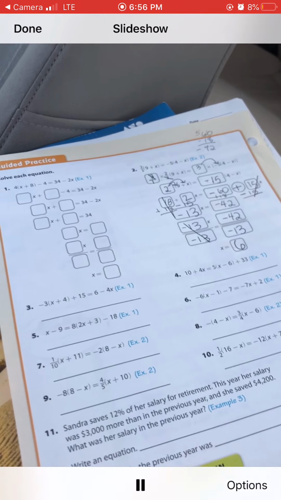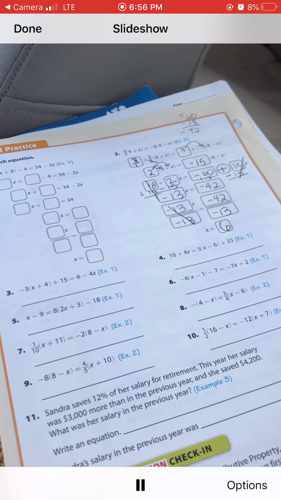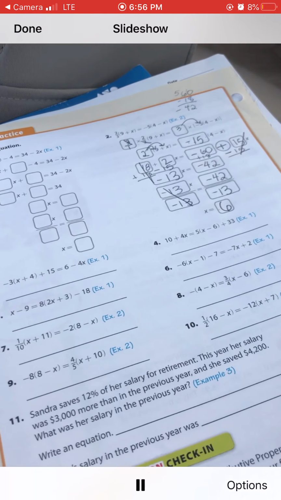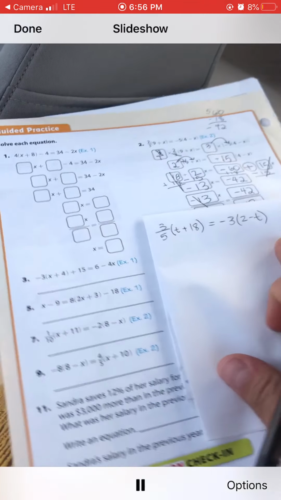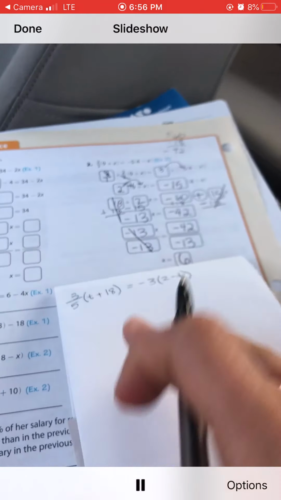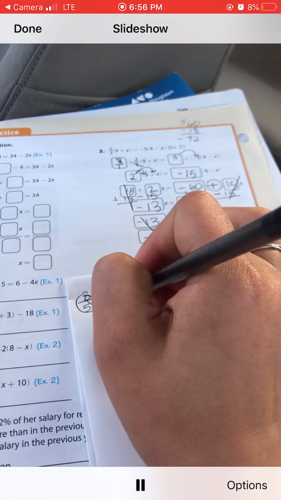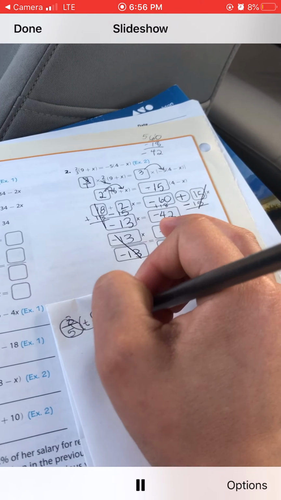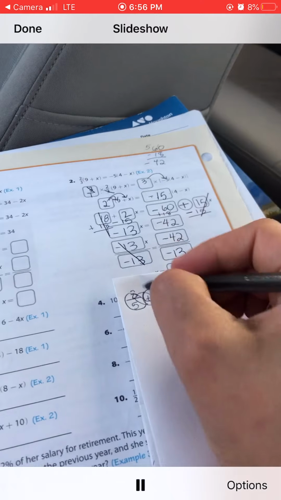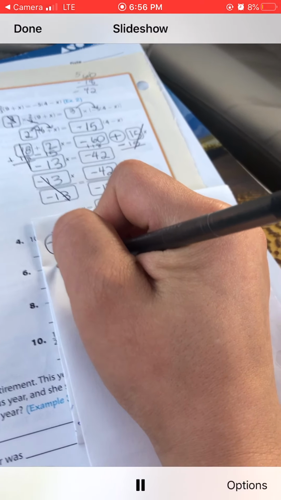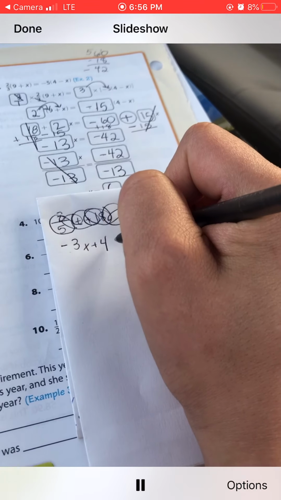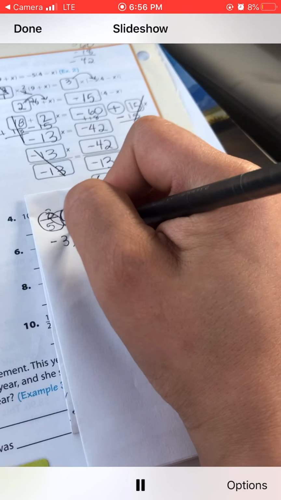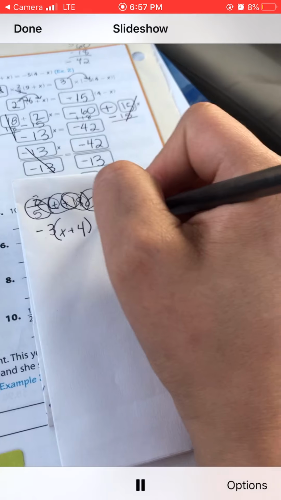Now, for the second one, I will go ahead and do it on paper here. I'll go over with number 1. We're just gonna erase this really quick. Alright. So we have negative 3x plus 4, and the x plus 4 is in parentheses.